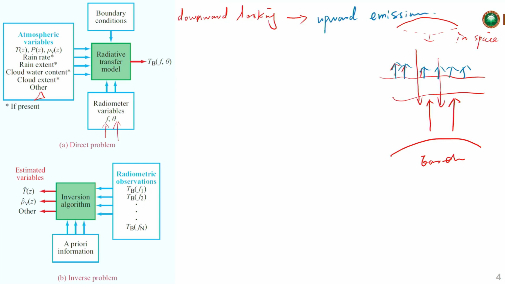Okay, and oppositely, or inversely, for the upward looking device, its boundary condition is for the downward emission, all right?